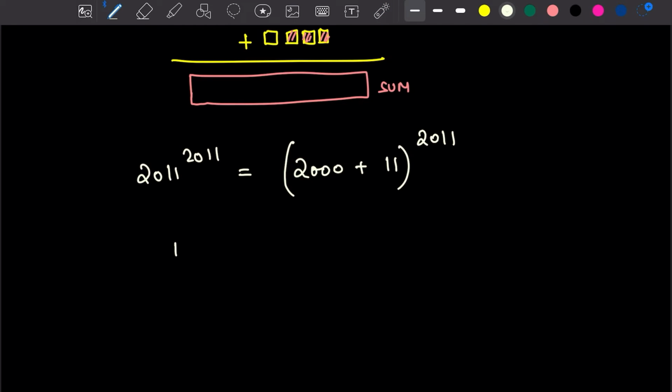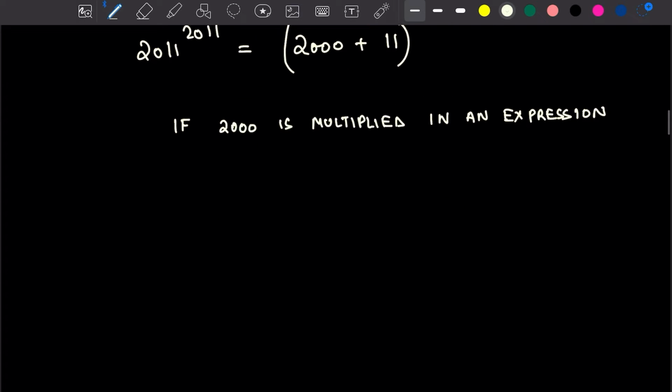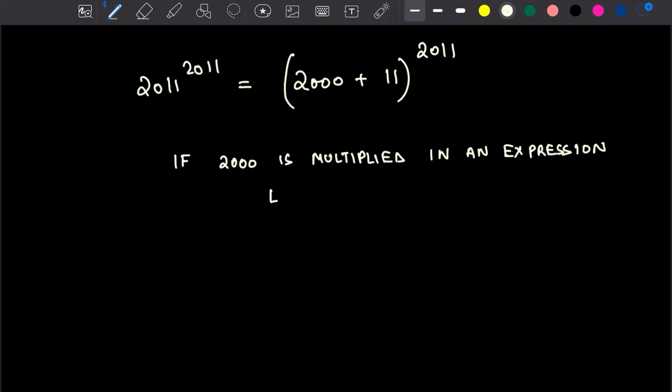That is, if 2000 is multiplied in an expression, then the last three digits will be 0.